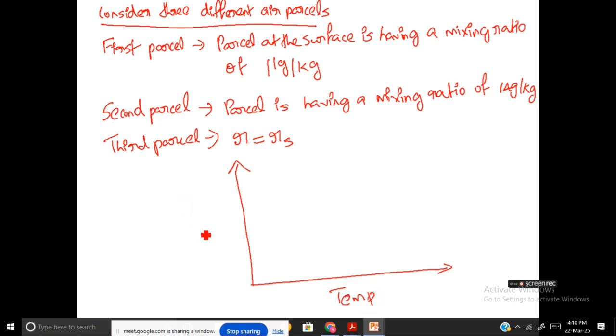This is temperature, this is environmental lapse rate. So in the first case, the parcel is having a mixing ratio of 11 gram per kilogram. The parcel rises. Initially it reaches the level of LCL. At this level, the parcel will become saturated with whatever moisture content it already has.